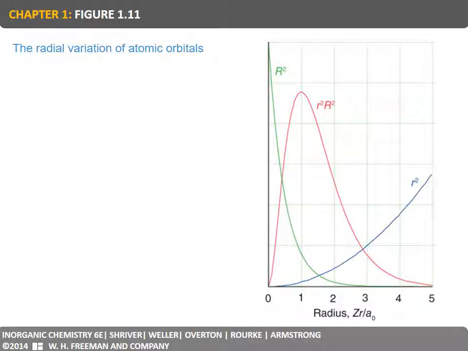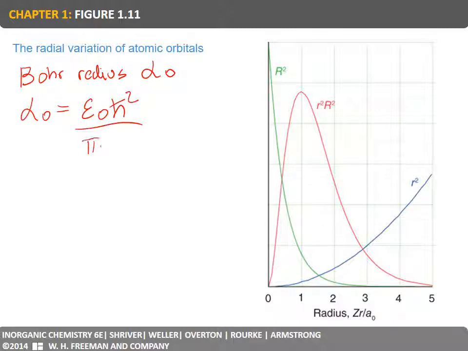Now we're not going to go into the details of it, but if you'd like to know, Bohr's radius, or a0, is a0 equals epsilon 0 h squared divided by pi me e squared.